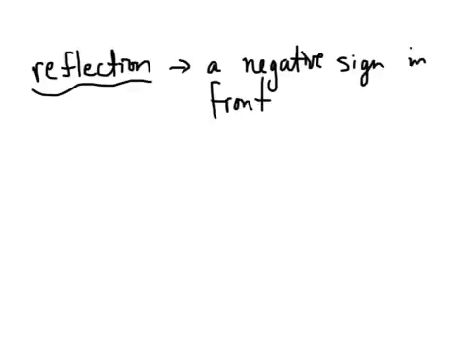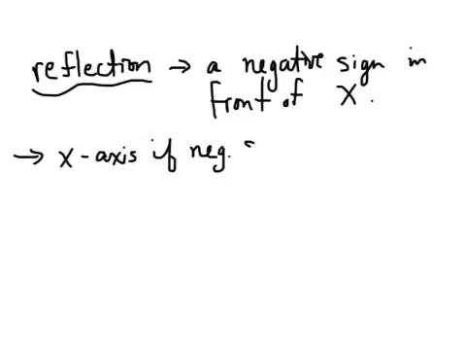So as far as reflections go, this is where a negative sign comes in. If you have a negative sign in front of the x, it flips it over the x-axis if your negative sign is outside the grouping symbol.